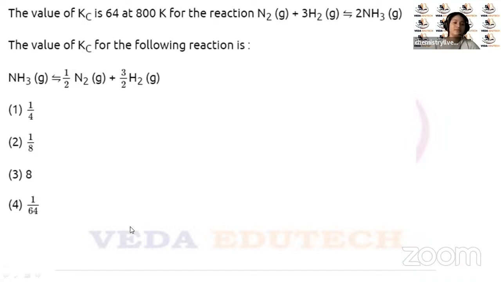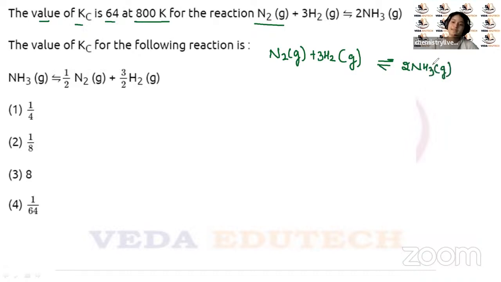Okay, children, let's see what's given in the question. It's given that the value of Kc is 64 at 800 Kelvin. So a reaction is given to us. Let us write down that reaction. And for this reaction, Kc will be what, children?